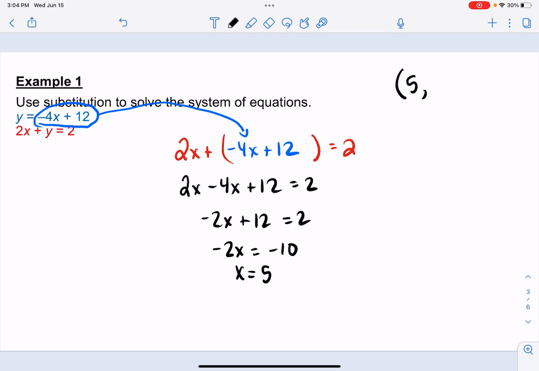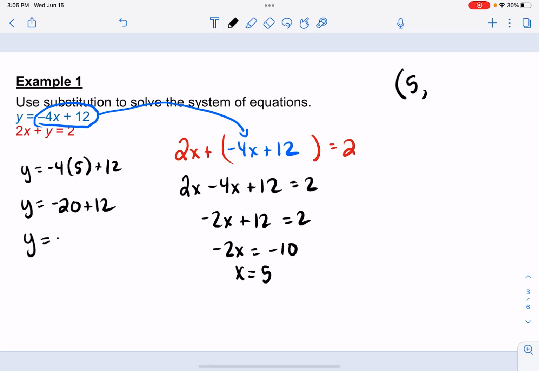We need the answer as an ordered pair. Now plug back into one of the two equations. I think the first one is easiest. And your answer is (5, negative 18).